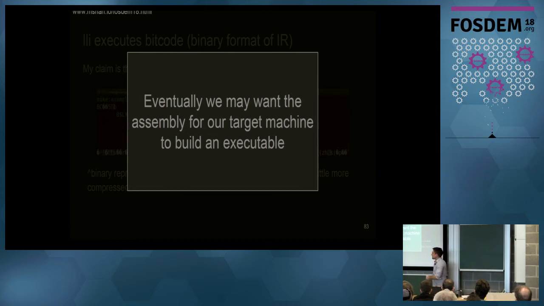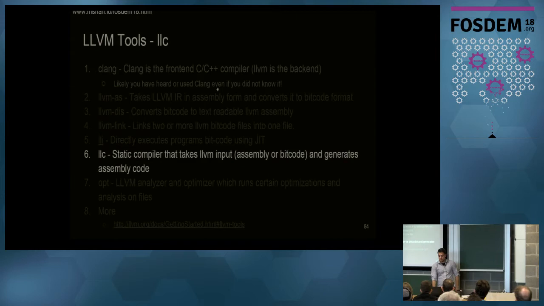Okay, so we've done this bitcode, but eventually we do want to generate our assembly for some target machine and build an executable that we can distribute to someone. To do this, our tool is llc, and that's the static compiler. It takes in this IR or bitcode and converts it to assembly code.